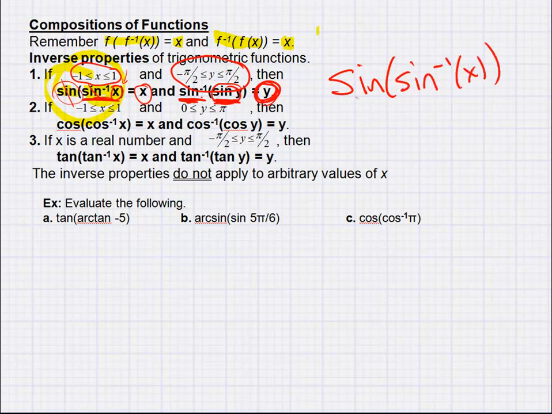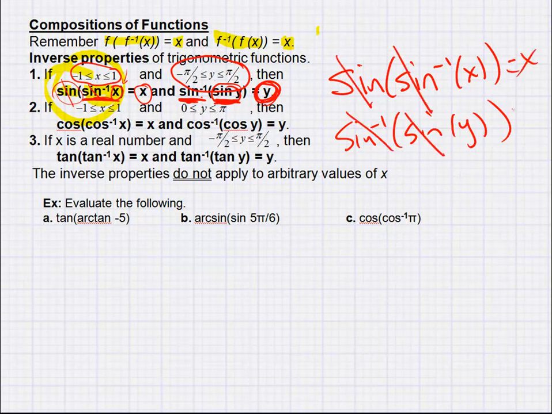or the other order, technically I could think like these two cancel and I'll just be left with x, or these two cancel and I'll just be left with y, as long as I follow these restrictions, because these are the restrictions for either the domain or range of my inverse functions. And I think there's a really easy way to remember this.